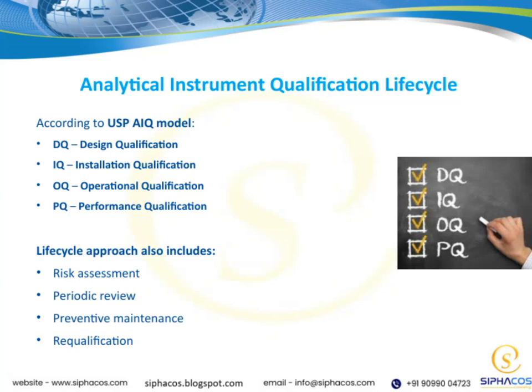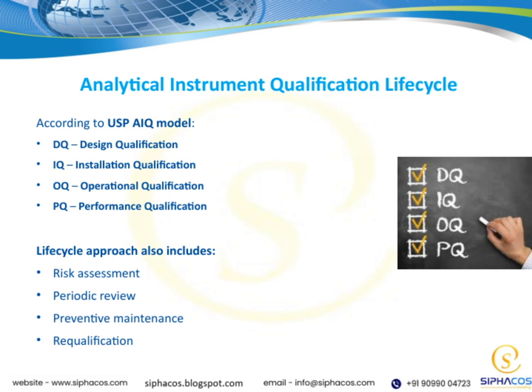Let's take a closer look at the analytical instrument qualification lifecycle. According to the USP AIQ model, there are 4 key stages to ensure our instruments are properly qualified. First, we have DQ, which stands for Design Qualification, where we verify that the instrument's design meets our specific requirements. Next is IQ, or Installation Qualification, where we confirm that the instrument has been installed correctly and according to specifications.